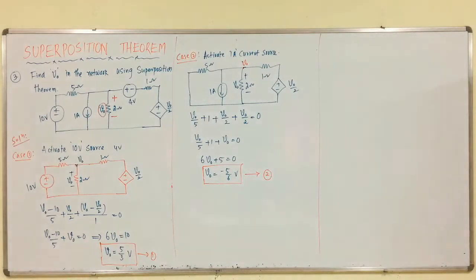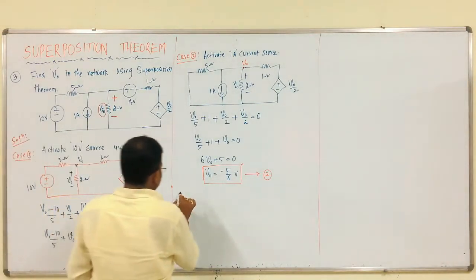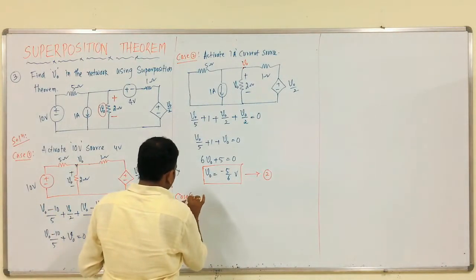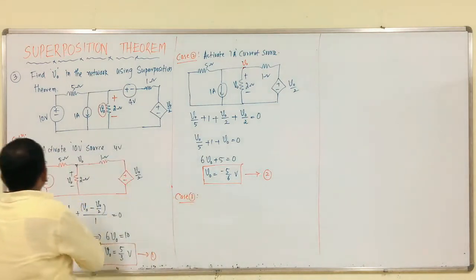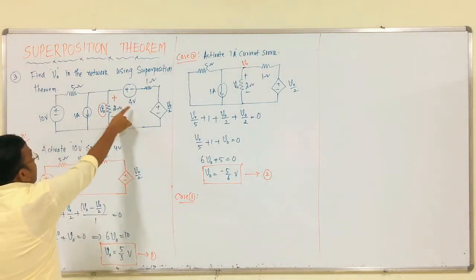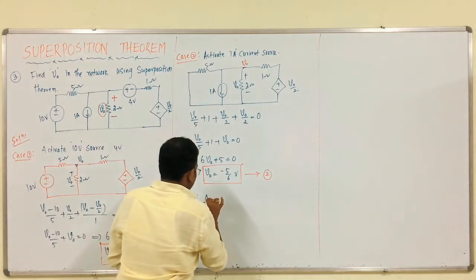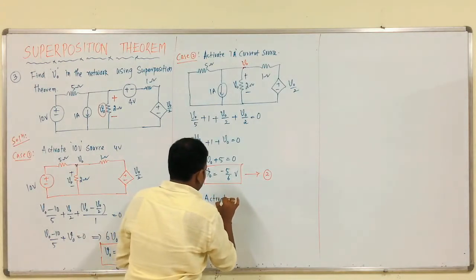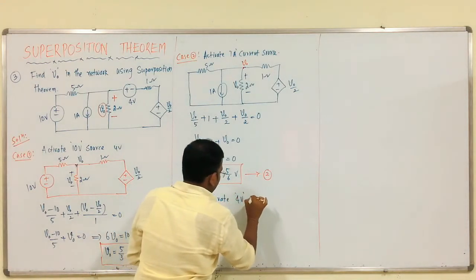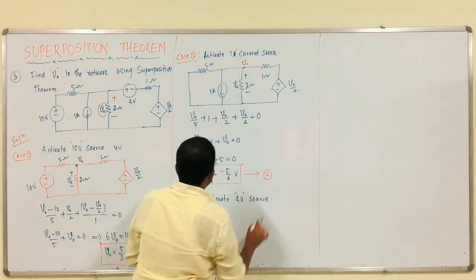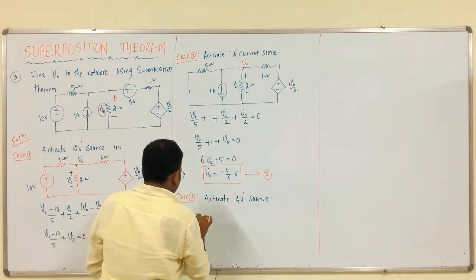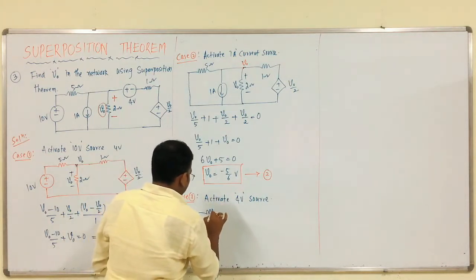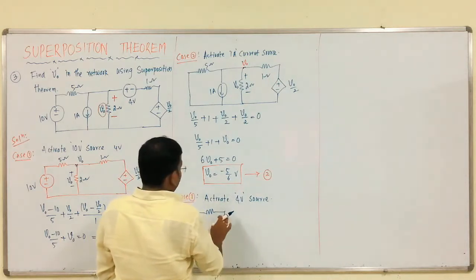Okay, next case 3. What is case 3? This one completed, this one completed. Activate the 4 volt source. Therefore, the circuit becomes, this is short circuited, this is 5, again this is open circuited.